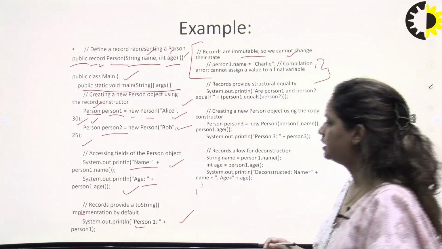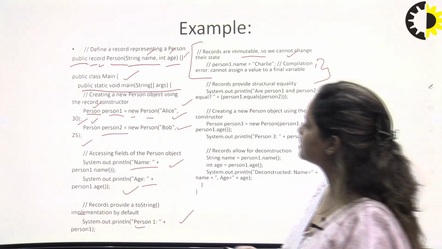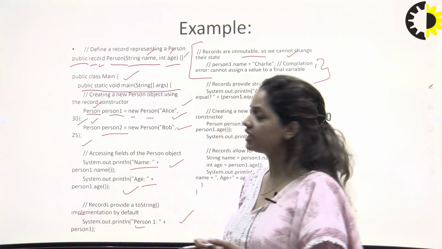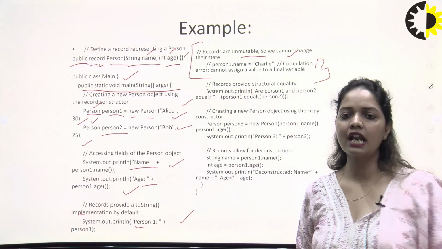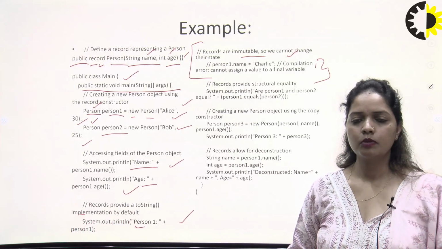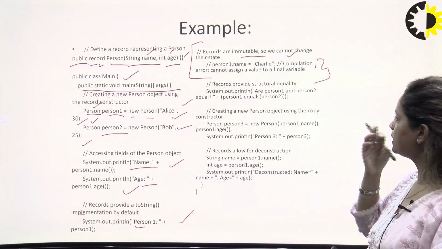So it is a kind of final variable once we have assigned a value by using the new keyword and Person. We can create multiple objects for that particular record, but we cannot override it. So that is the property of immutability, we can say.